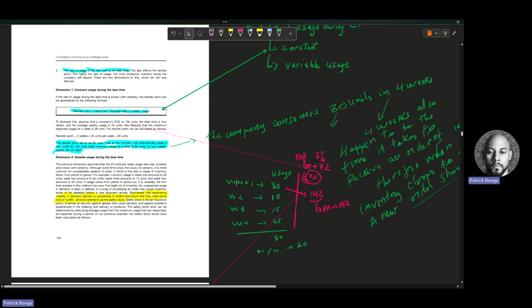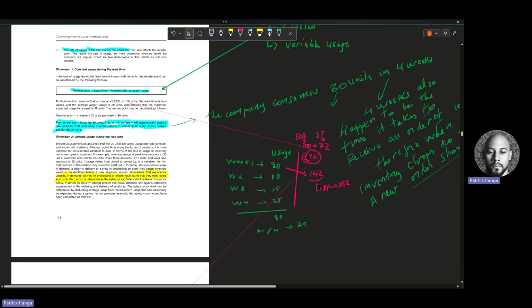So look at the usage at week one. Let's say, in reality, this is now real, it's happening in this company. Week one, 30 units. Obviously, 172 minus 30 gives you 142. So at the end of week one, you would have 142.